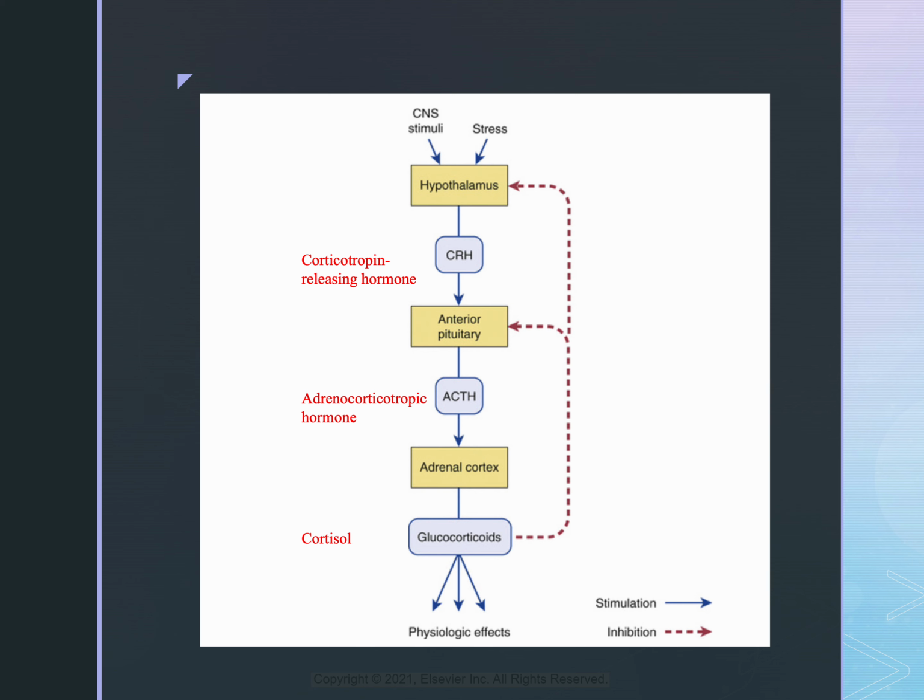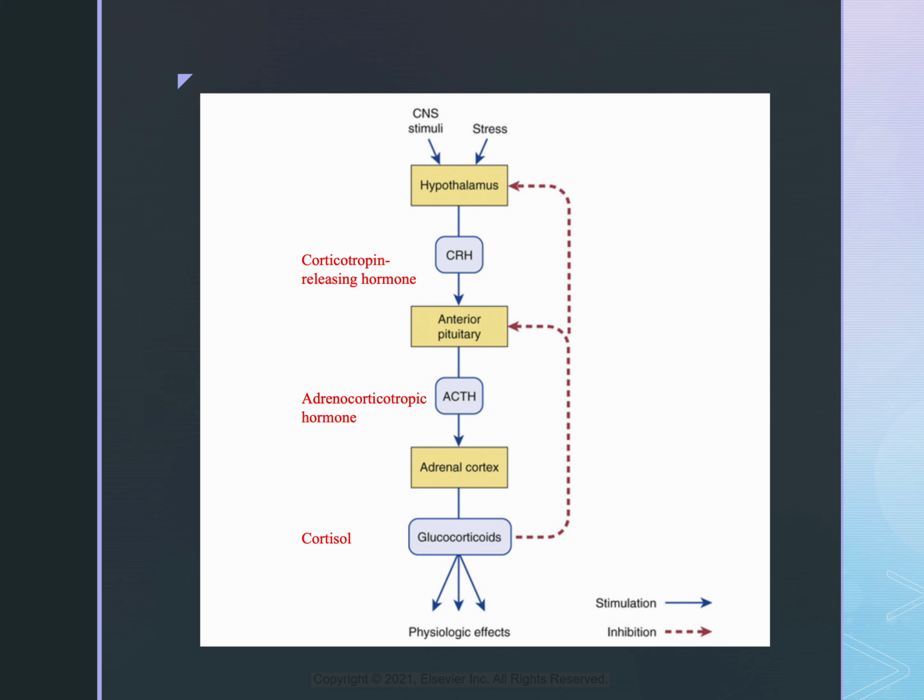Cortisol itself has two basic effects. It can stimulate our physiologic responses, but it also acts on the hypothalamus and the pituitary to suppress further release of CRH and ACTH, saying that we have enough. When we're inhibiting the release of corticotropin releasing hormone and adrenocorticotropic hormone, the cortisol suppresses its own production as well.